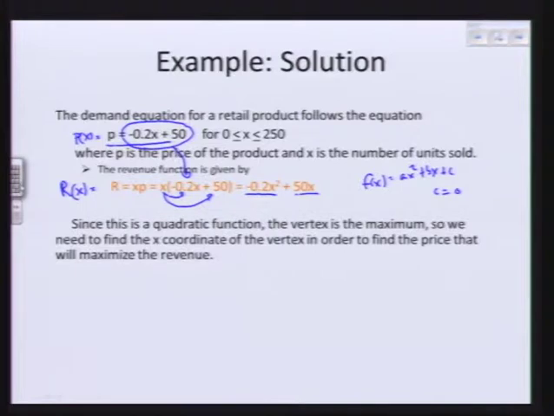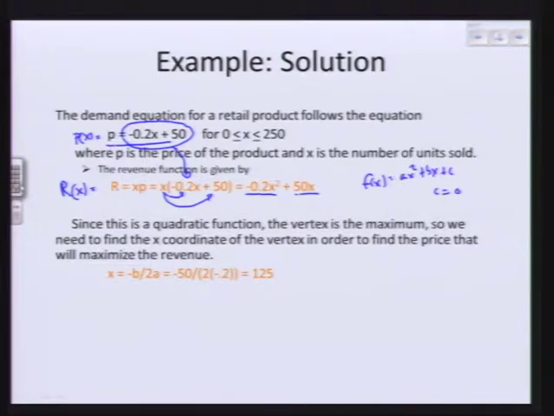Since it's a quadratic function, the vertex is the maximum. So we need to find the x-coordinate of the vertex in order to find the price that will maximize the revenue. We're going to use our equation x is equal to minus b over 2a.